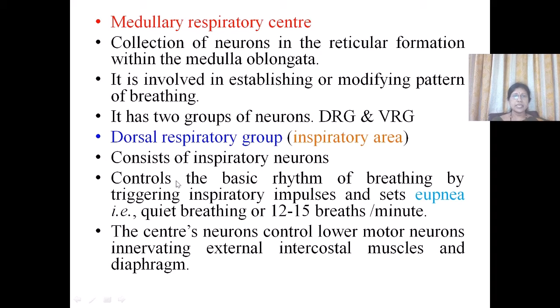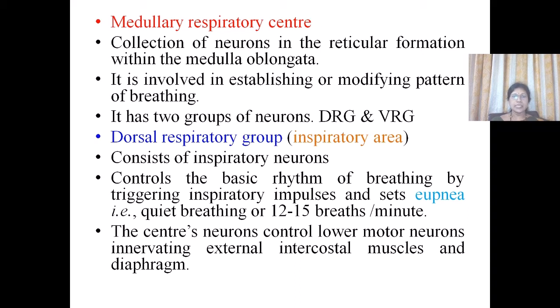This DRG controls the basic rhythm of breathing by triggering inspiratory impulses and sets eupnea. Eupnea is quiet breathing or a resting respiratory rate of 12 to 15 breaths per minute.